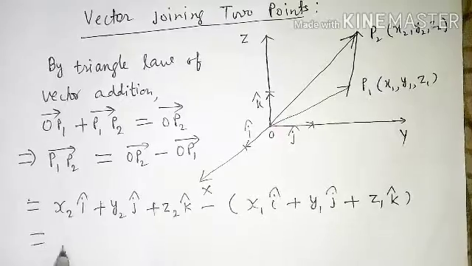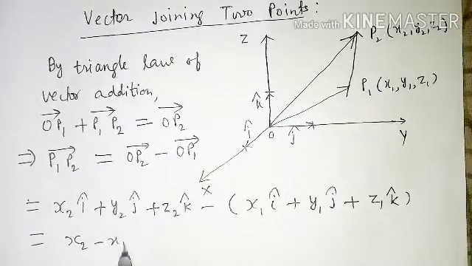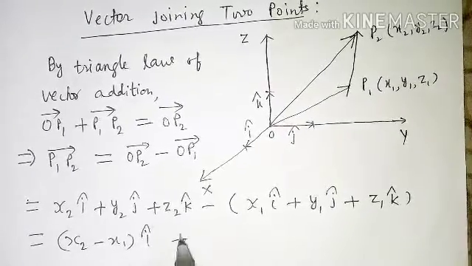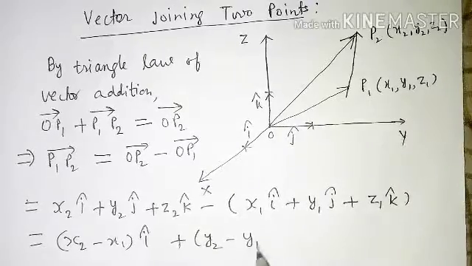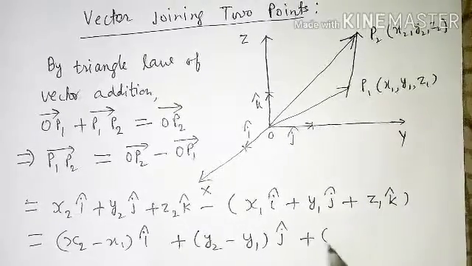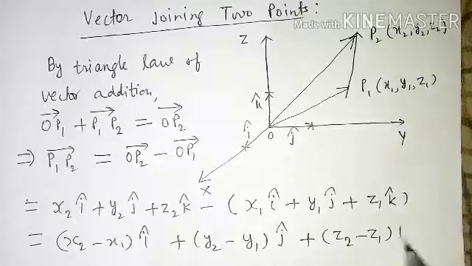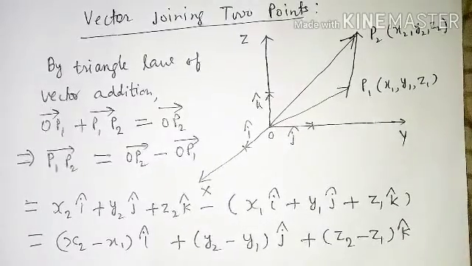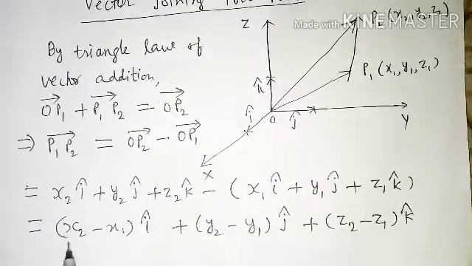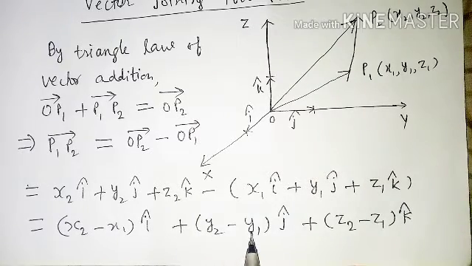So we have x2 minus x1 i cap, y2 minus y1 j cap, z2 minus z1 k cap, which is the vector joining two points x1 y1 z1 and x2 y2 z2.